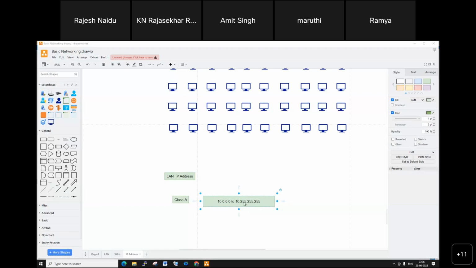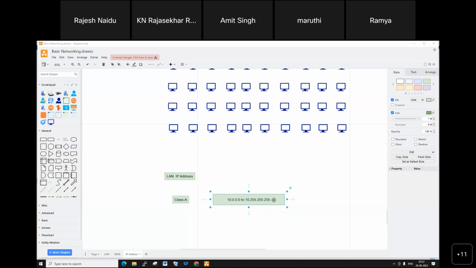This IP range belongs to class A. This is only the LAN address. The remaining IP addresses are all WAN IP addresses.